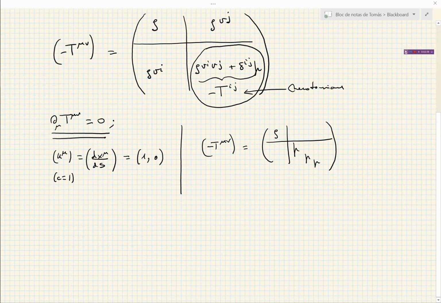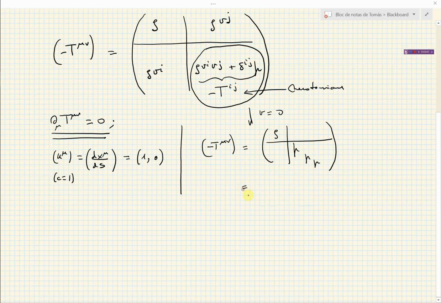Now if we write this tensor in a relativistic form, they should coincide: this is the non-relativistic tensor for v equals 0 and the fully relativistic tensor in this co-moving frame. So if I manage to write this in a fully relativistic form, then I will get the result that I want.